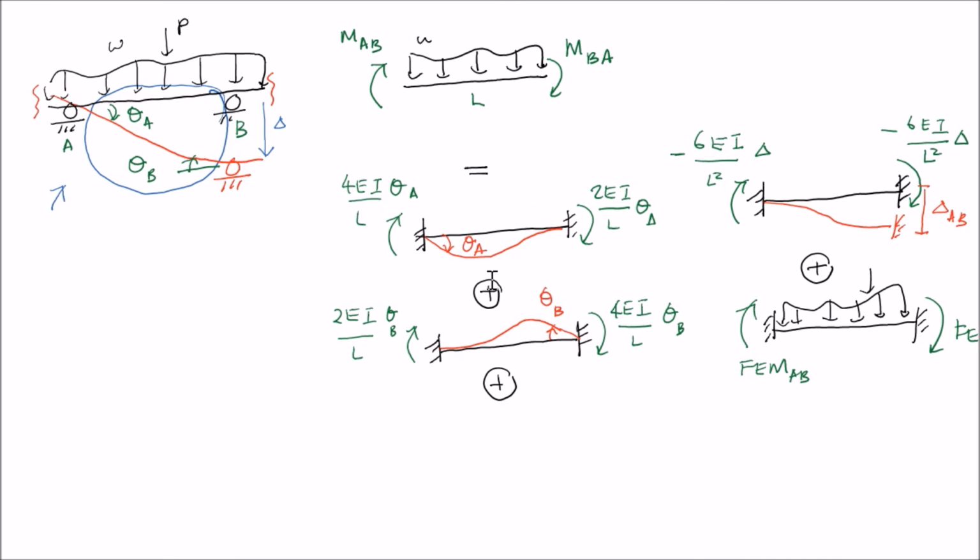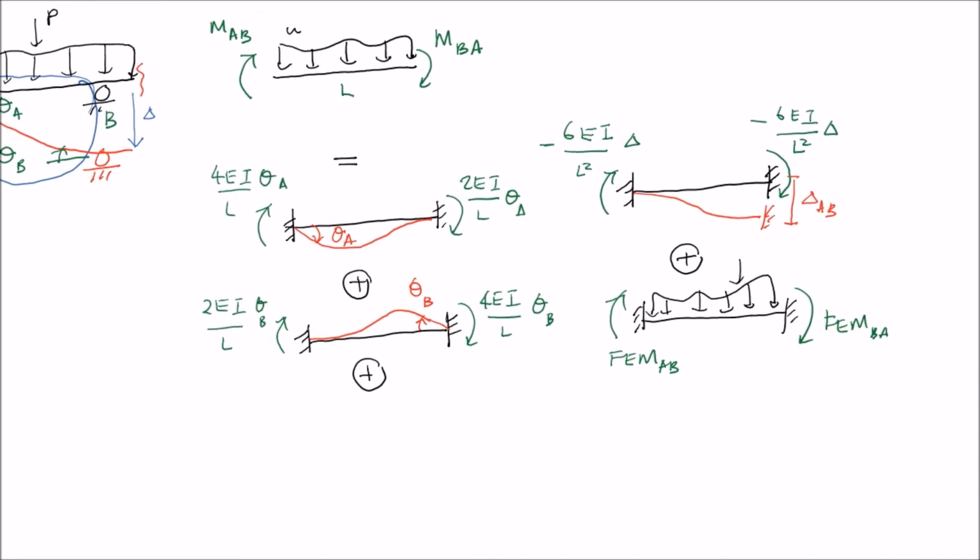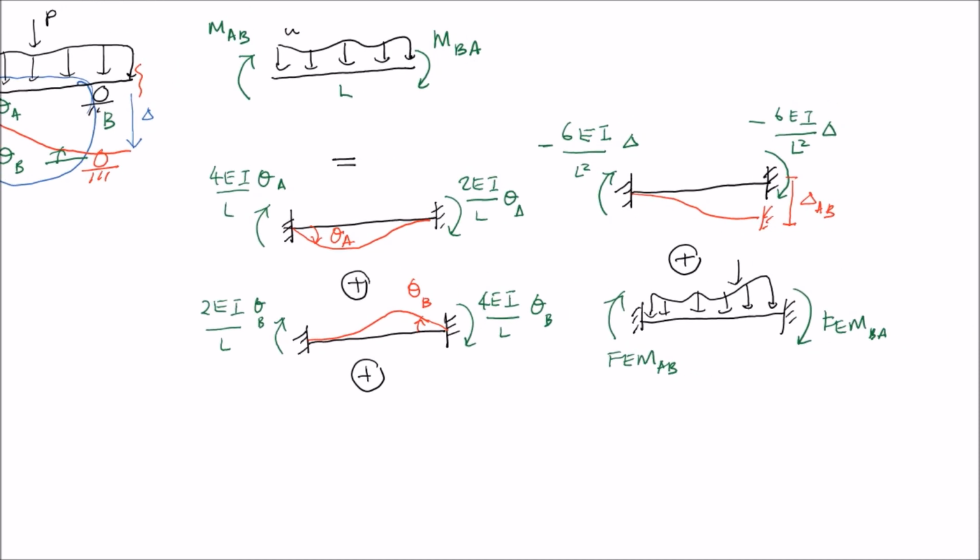Alright, so again, this is our original system. Based on the moments that we calculated, these are the moments due to each effect one by one. If you want to find MAB, you use the superposition principle, and just add each of the effects one by one.